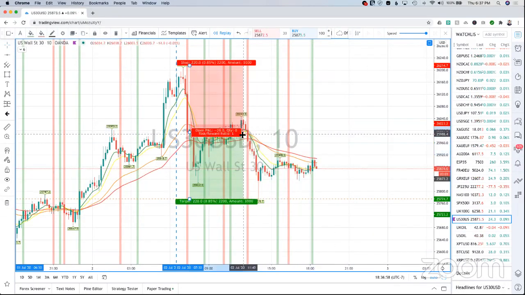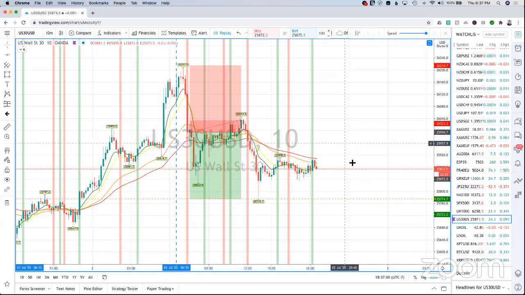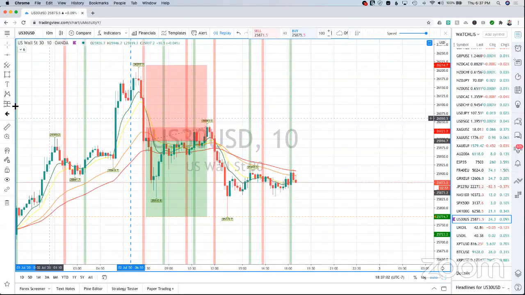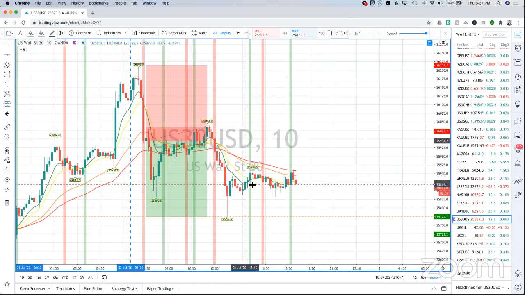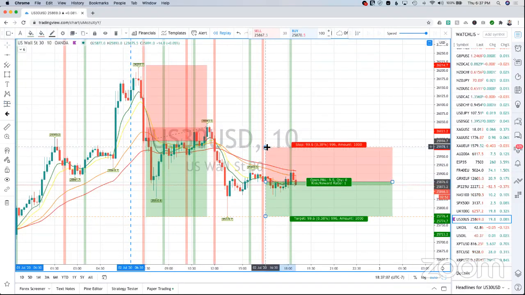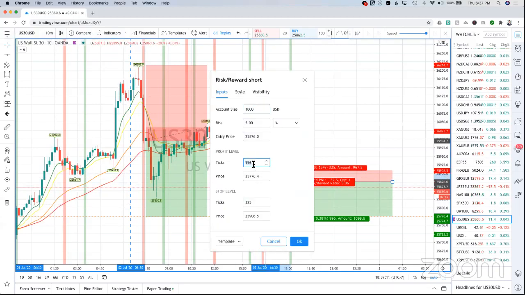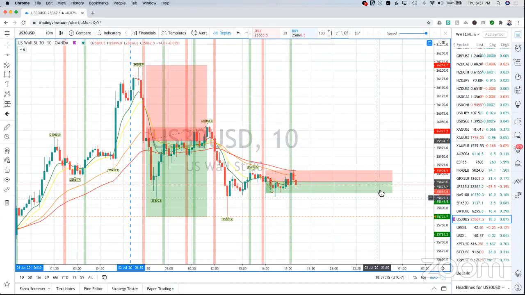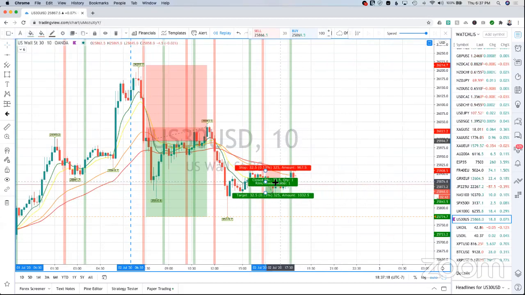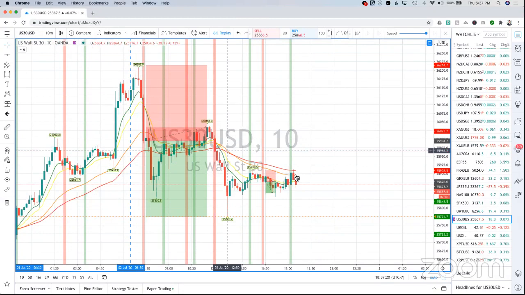This is an example of the strategy that I was just going over. Right here, if you took this trade, you put your stop loss at the previous swing, which would probably be somewhere around there for 325 pips. Hit TP right there. Again, right here, it's in a strong downtrend.